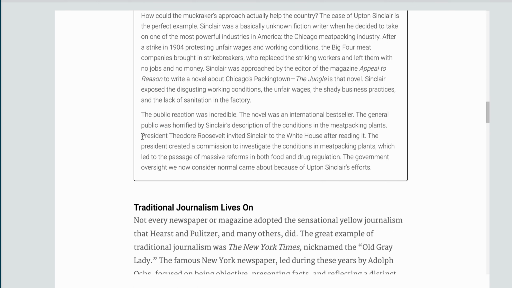And we have here the president responding to this novel by doing what? By creating a commission to investigate the conditions in the meatpacking plants, which led to the passage of massive reforms in both food and drug regulations.